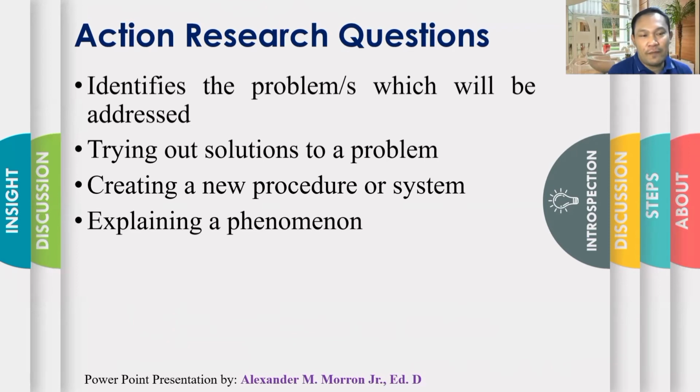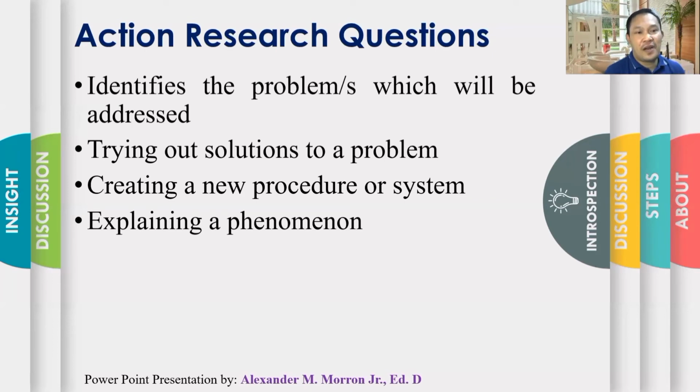Therefore, in writing the action research questions, you have to identify the problem which will be addressed based on the topic, based on the problem that we are dealing with. You have to consider also what are the solutions that you are going to respond to the existing problem, and then creating a new procedure or system or explaining a phenomenon.